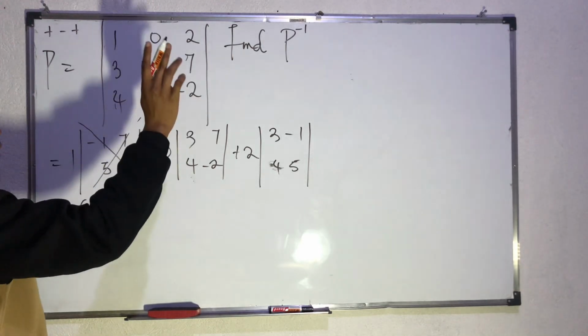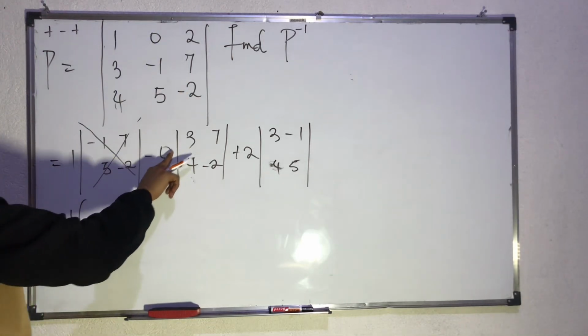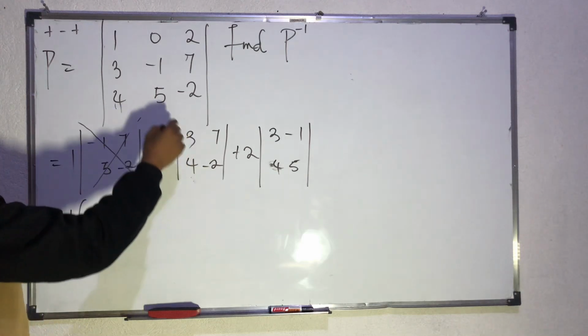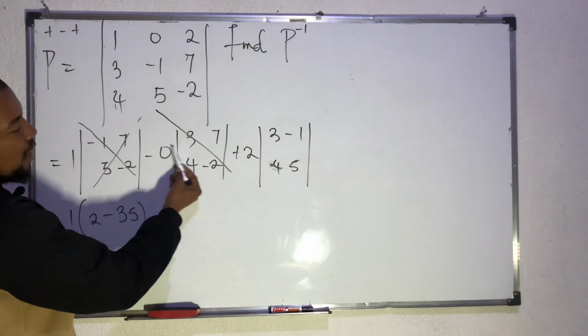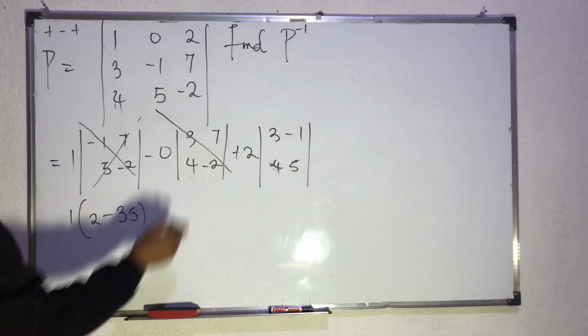This part goes away because this 0 is going to multiply everything inside here. This one is not needed anymore.